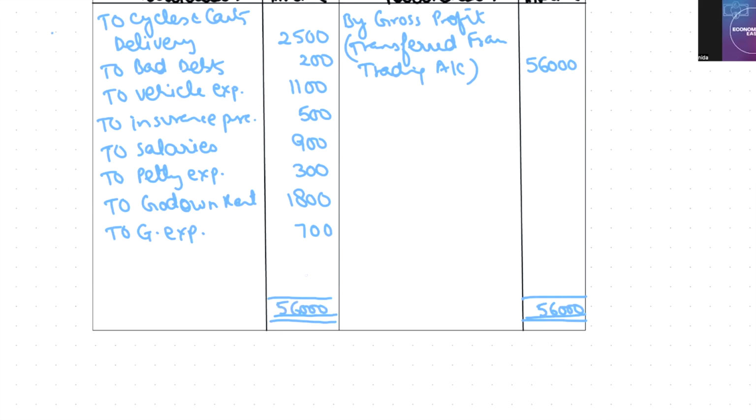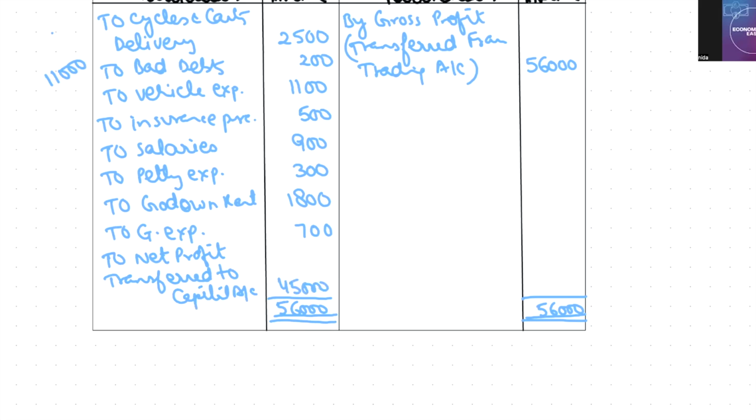I'm going to go to the debit side, it would be 11,000, so it means again a net profit. So to net profit transferred to capital account, and it is 45,000, the difference.